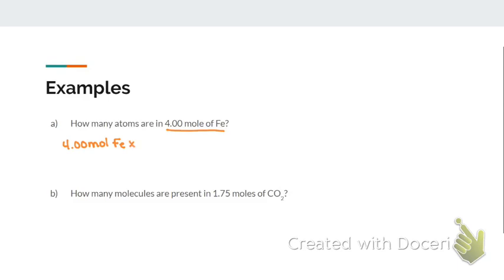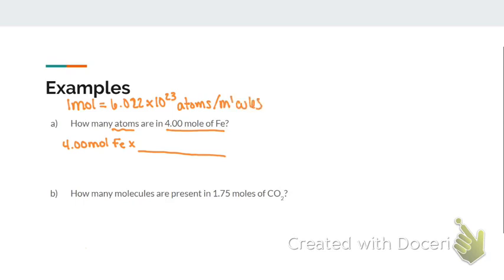And what I need to do is I'm looking for atoms. So I know that, again, 1 mole is equal to 6.022 times 10 to the 23rd. And that can be either atoms or my molecules.